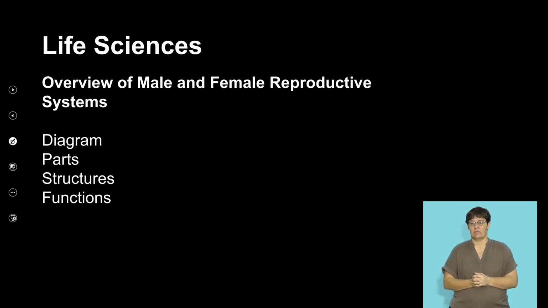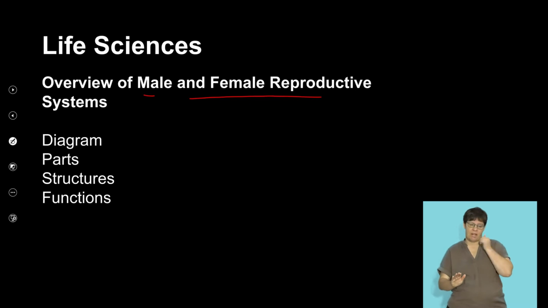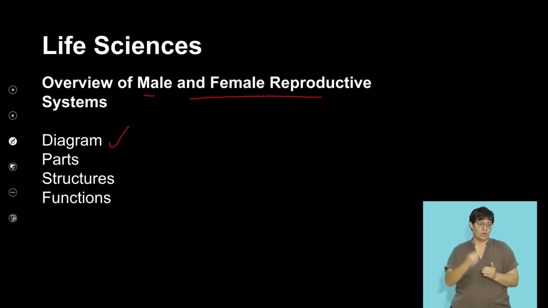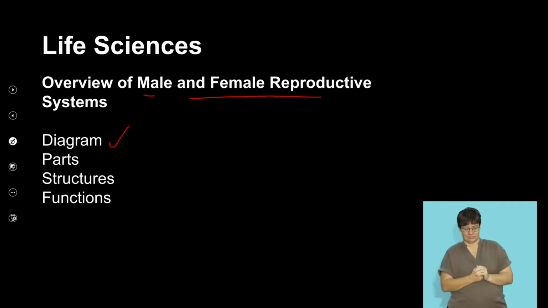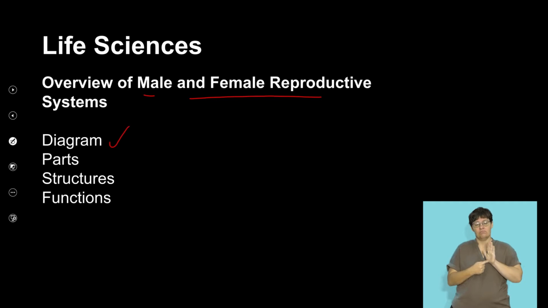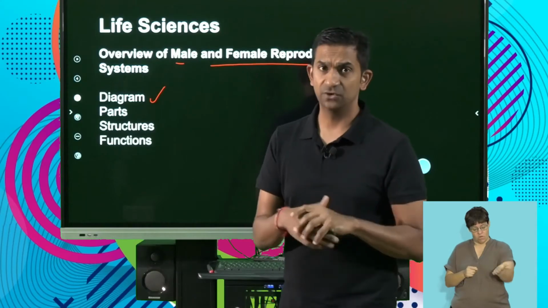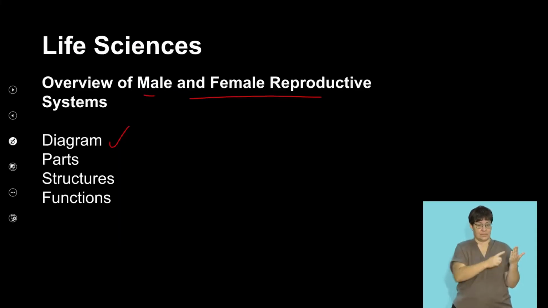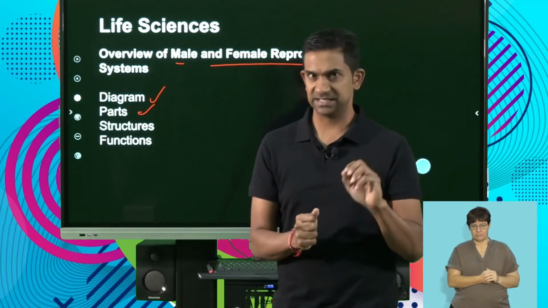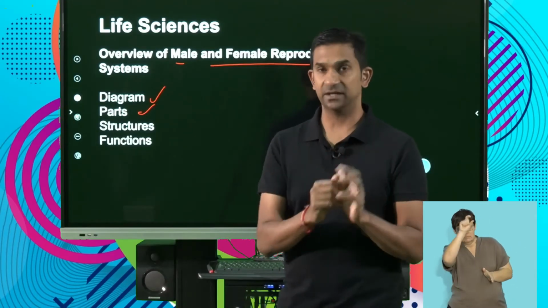As an overview, when we look at the male and female reproductive systems, it's important that you first understand the concepts based on a diagram. So draw some diagrams or print out some diagrams. Keep these as illustrations that you can very quickly refer to when you revise for an assessment. Know the parts. You should be able to identify all the parts on a diagram, and if it helps, label them and highlight them so that they stand out.